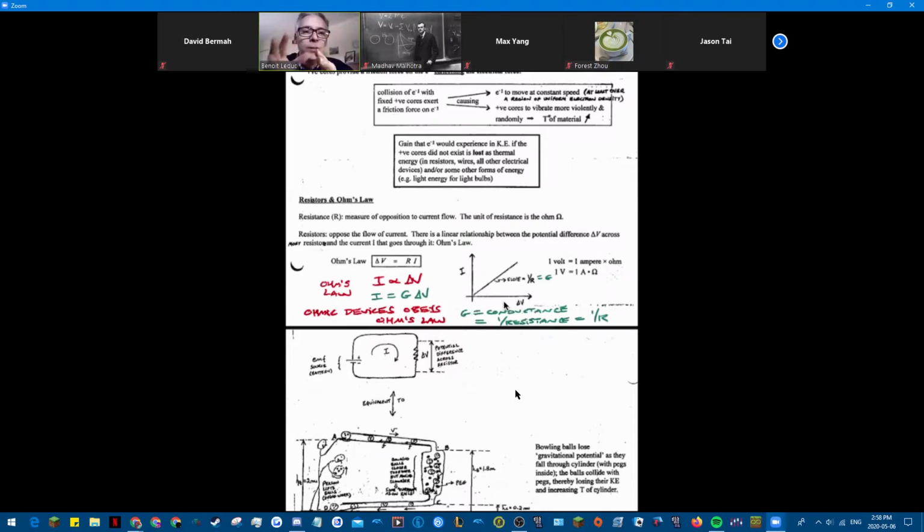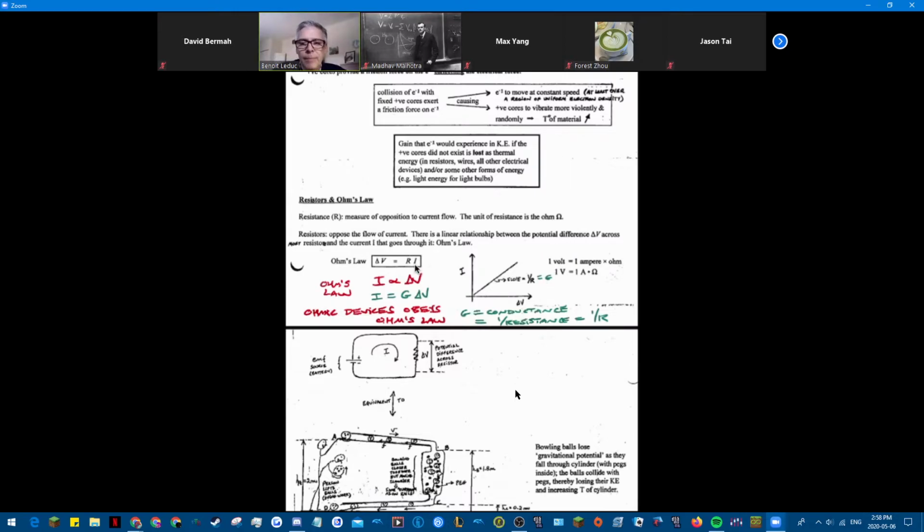It's a lot easier to change the voltage across a device than to change the current through a device and then measure the voltage across. So it's way easier to change the voltage across a device and then measure the resulting current as your dependent variable. Okay, so that's why it's given like this.